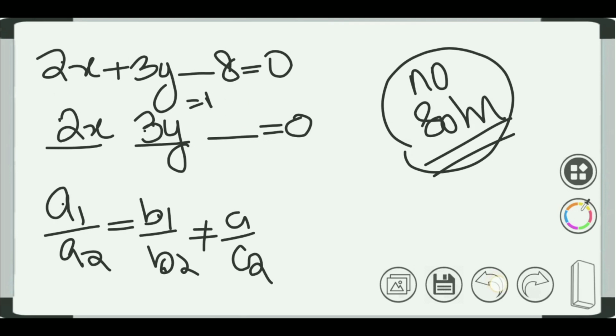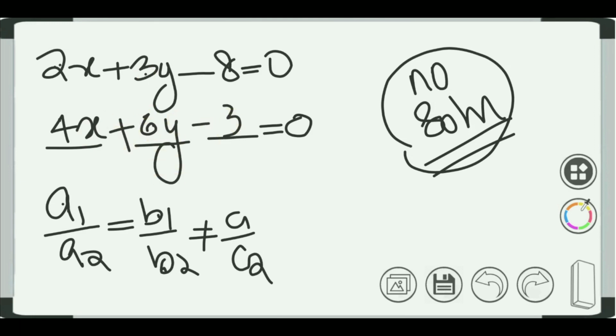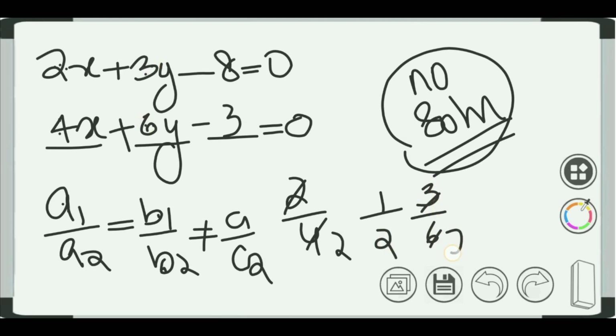You can form equations of your choice, or in another way I can double it. I'll put 4 here, 6 here, minus 3 plus. Is it okay? See, A1 by A2. What is A1 by A2? 2 by 4, which is 1 by 2. B1 by B2: 3 by 6, which is 1 by 2.